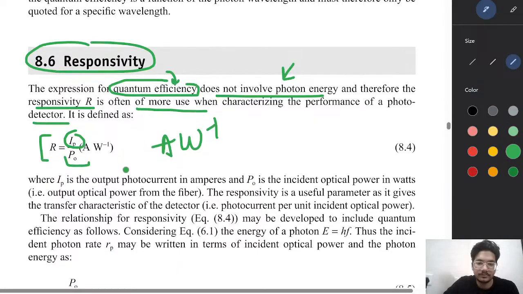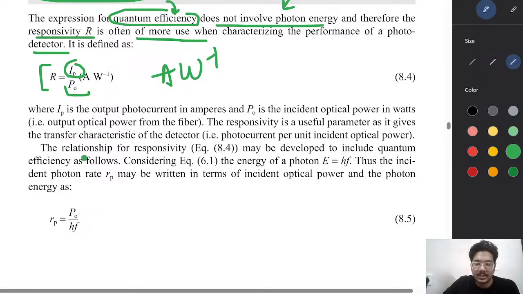Now linking the responsivity with the quantum efficiency. The quantum efficiency tells how many electrons are produced per photon.